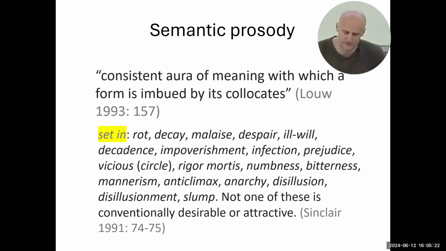So to give one example, the phrasal verb set in English usually follows subjects that are very consistently negative. So you can say rot set in, or decay set in, malaise, despair, ill will, decadence, impoverishment, infection set in. There are no good examples of sentences with pleasant subjects that take the phrase set in. So you can't say something like enthusiasm set in unless you are sarcastic.